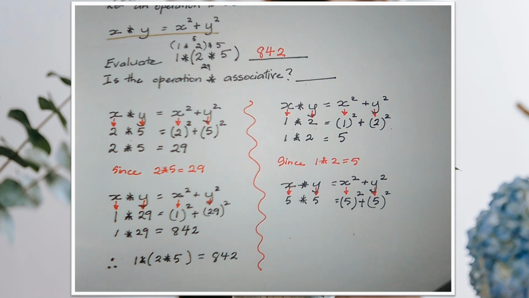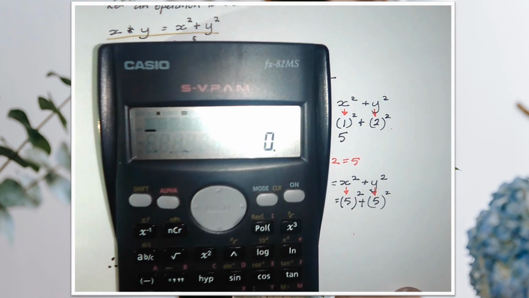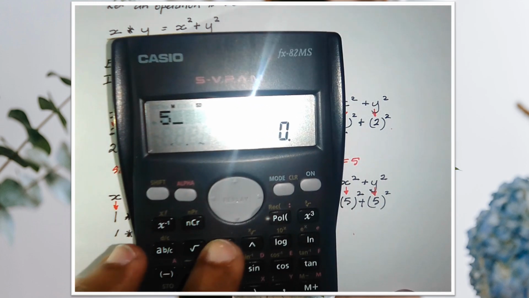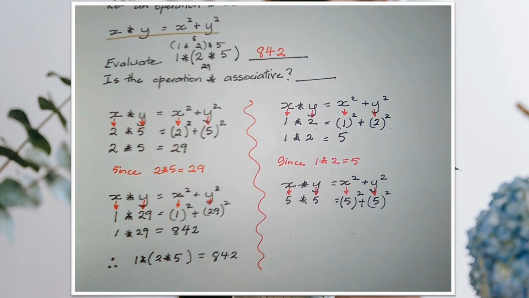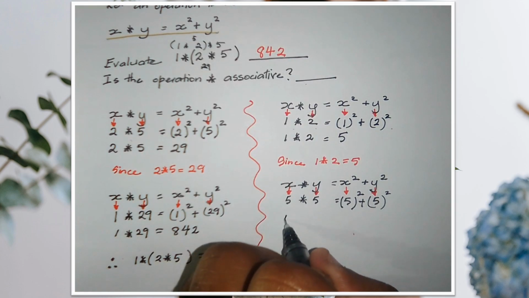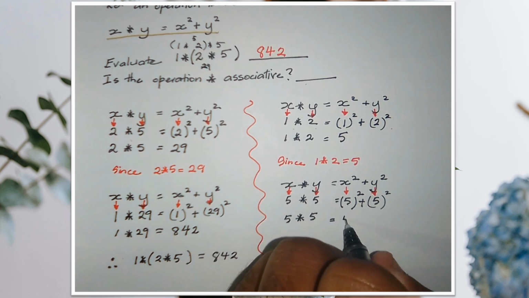So this is the point where I'm going to draw for my calculator, and put in 5 squared plus 5 squared, and look, that's going to give us 50. So we're going to say 5 star 5 is equal to 50.